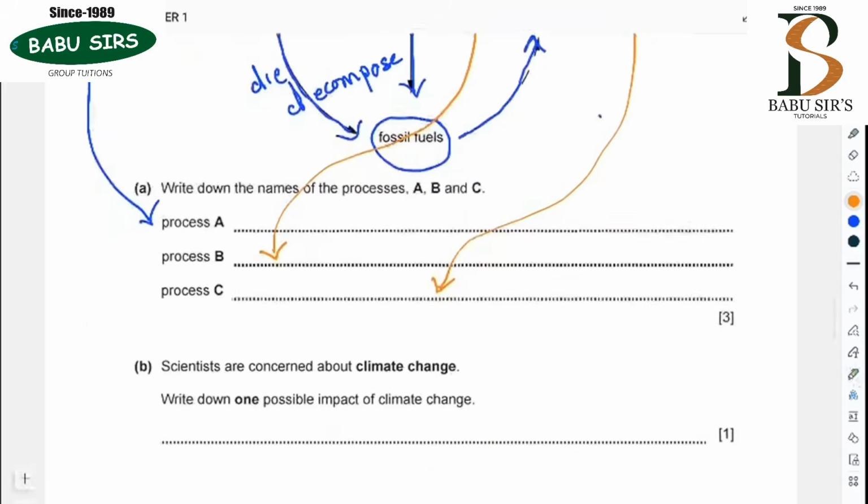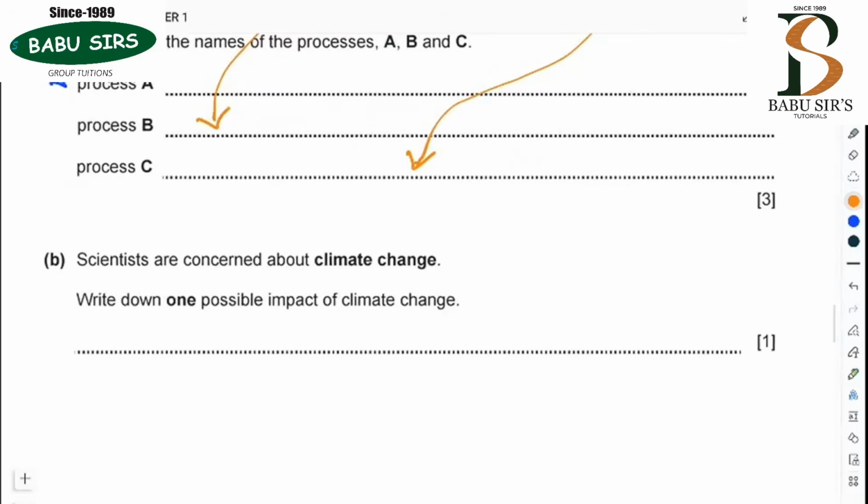We'll go to the next question. Scientists are concerned about climate change. Write down one impact of climate change. Climate change means there will be increase in temperature, there will be more rains, there will be extreme weather, there might be no rains also. So one possible impact, there are many impacts. So we'll write flooding. Flooding means more water. Second, no water, so it is drought.